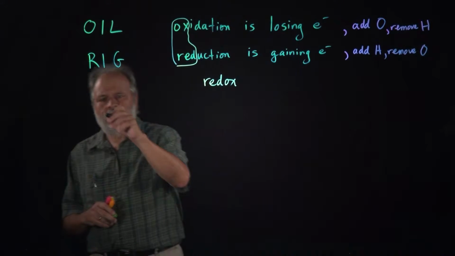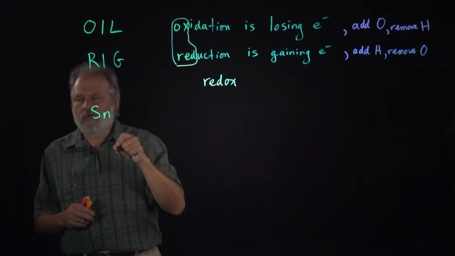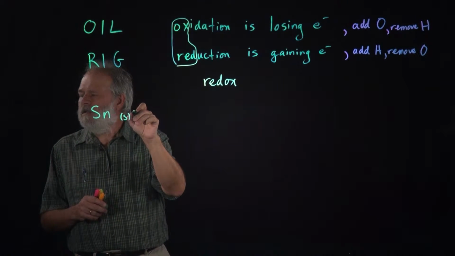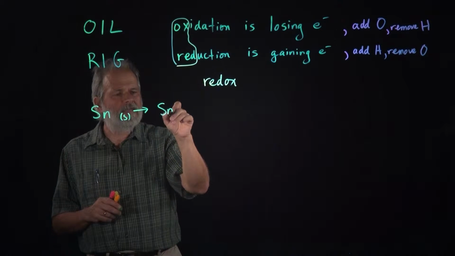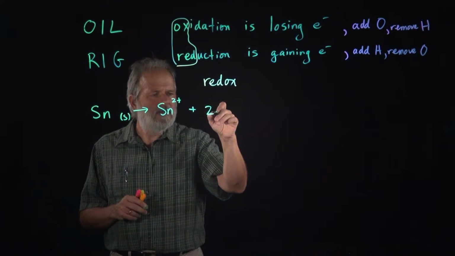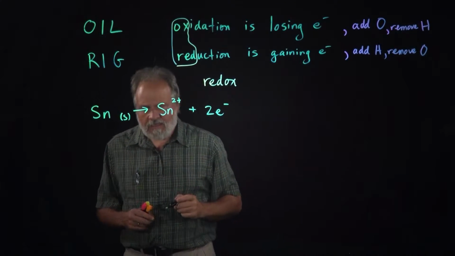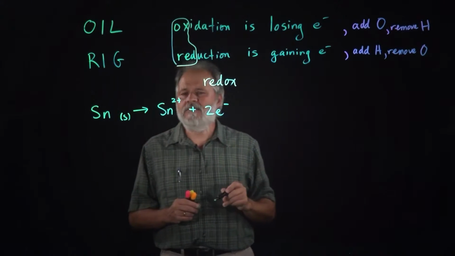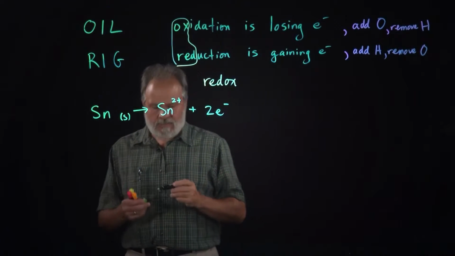Okay, so let's look at some examples and see if we can classify them as oxidation or reduction. Okay, so now in a chemical reaction with tin metal, the element, let's suppose it gets changed to the +2 cation. Well, in order to do this, you have to remove 2 electrons from tin.